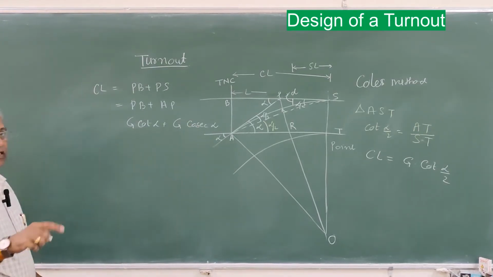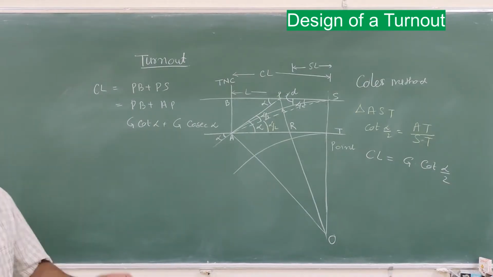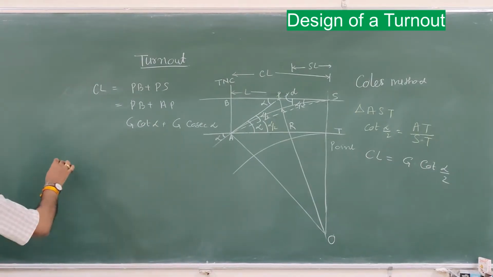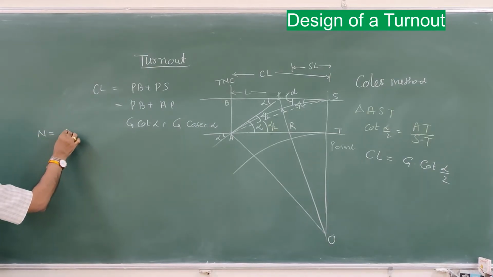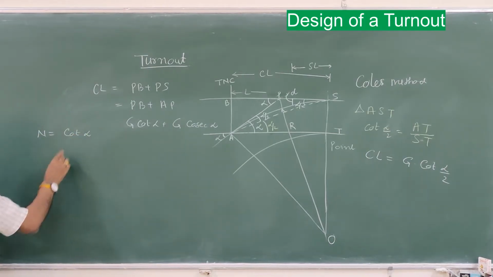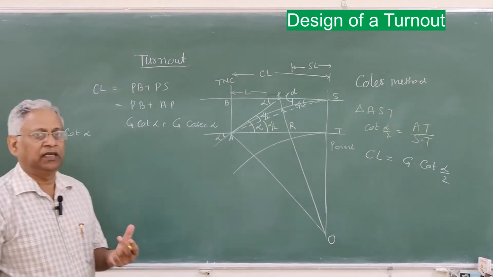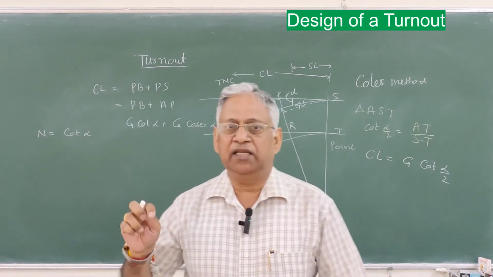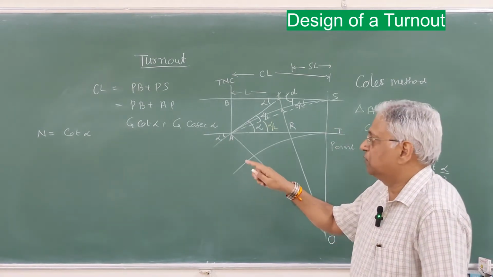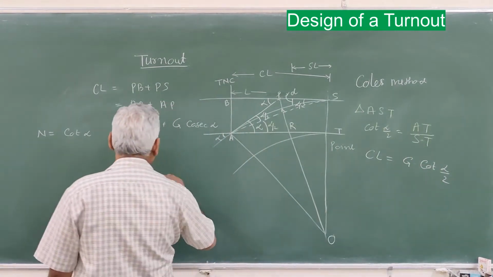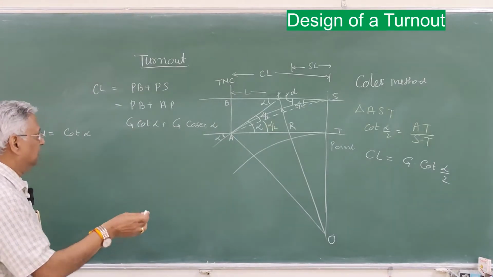And in case of design of a turnout, the number of crossing is related with alpha by this relationship. That is called the right angle triangle method. That is, the angle of crossing is related with the number of crossing: N is equal to cot alpha. N is the number of crossing, 1 in 8.5, 1 in 10, 1 in 12, like that.